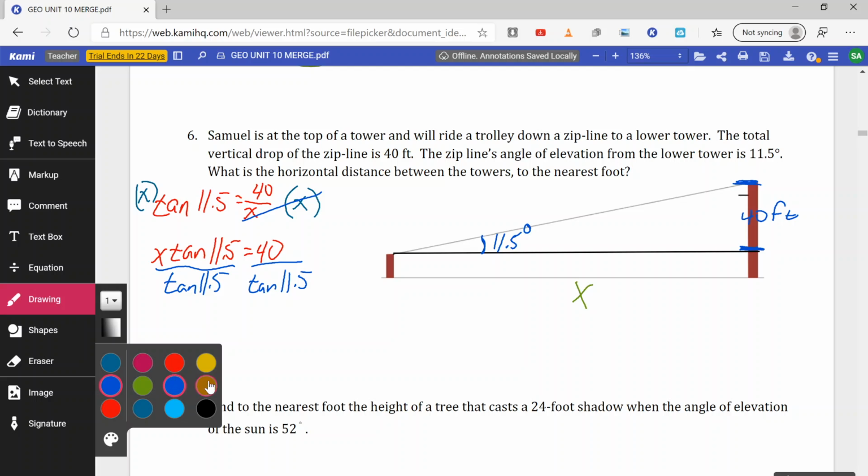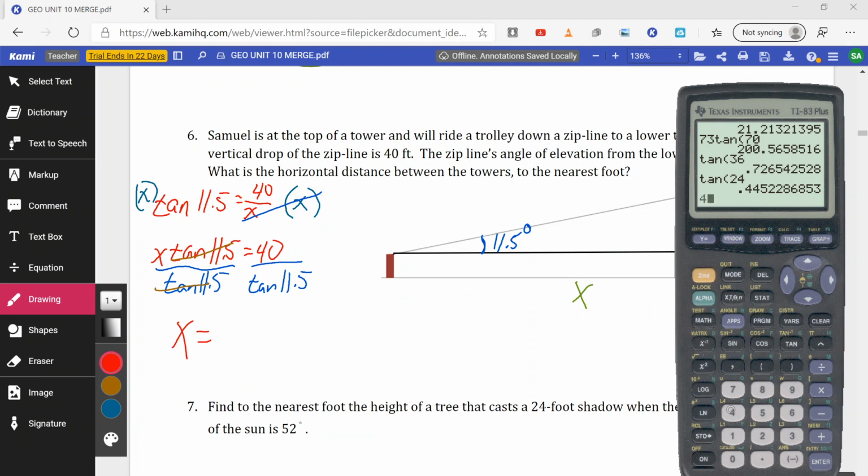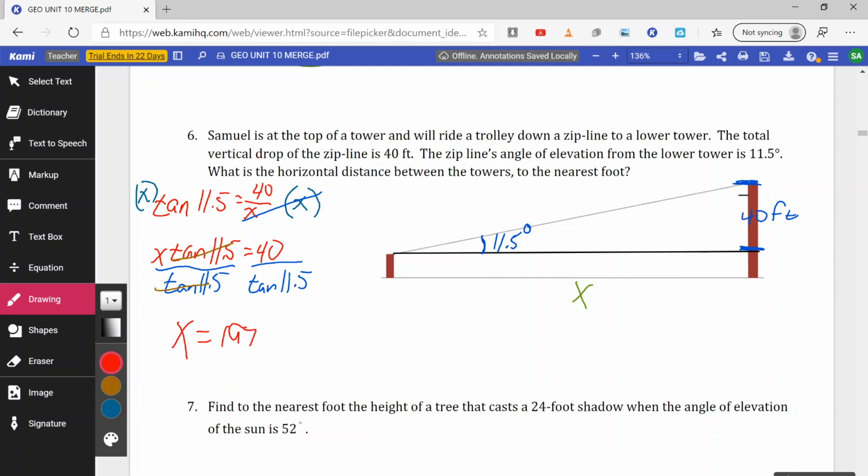It cancels out on the side where we're dividing it by itself, leaving us with X. Then we divide 40 by the tangent of 11.5, and we get 196.6. Round to the nearest foot, so 197. So the horizontal distance between the two towers ends up being 197 feet.